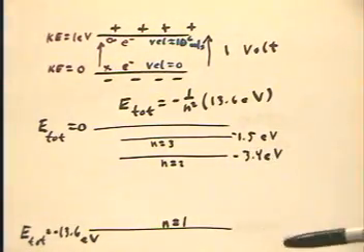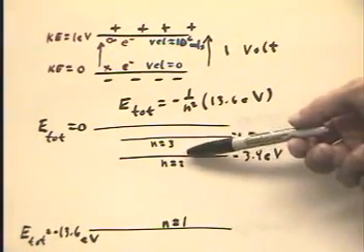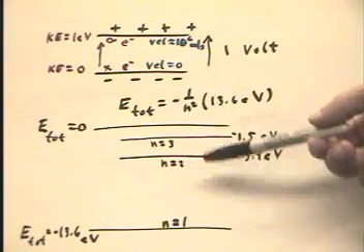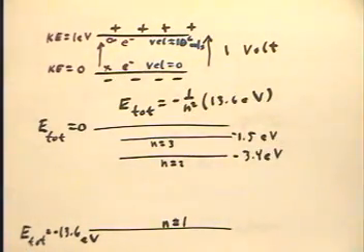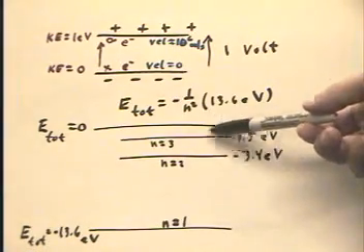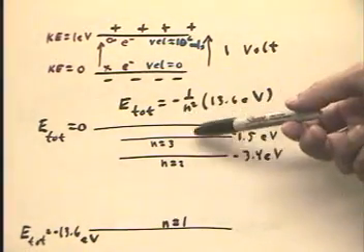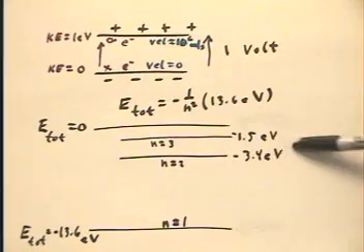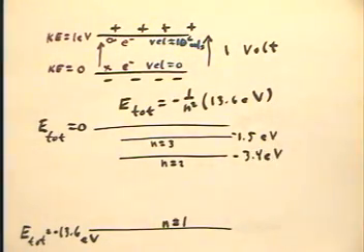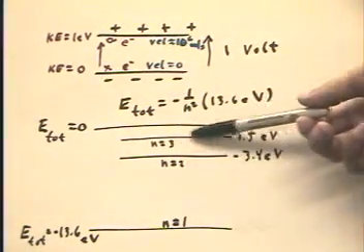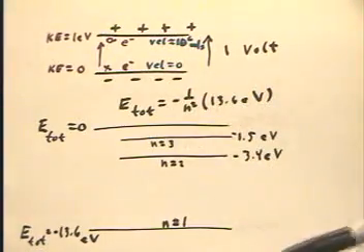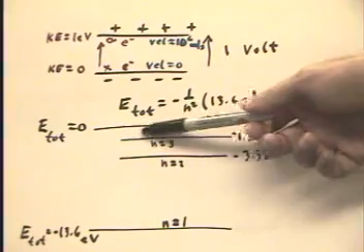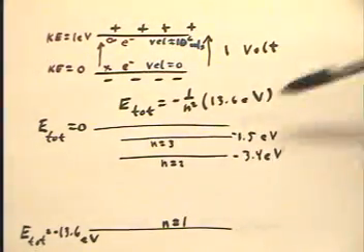It's ultraviolet. Anything that falls from a higher level down to n equals 2 will be visible, even from n equals infinity to n equals 2. Anything that falls to n equals 3 won't have enough energy to be visible. It'll be infrared: too little energy, longer wavelength.